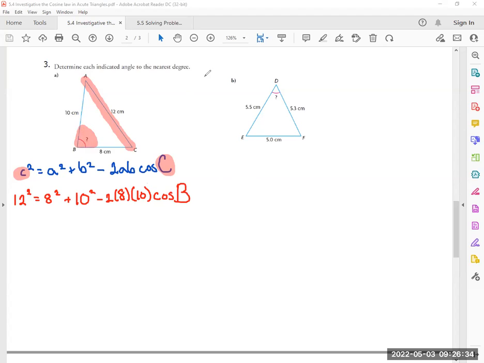Does everyone notice? My C, again, I'm being flexible. I'm writing it in my head as B because that's the angle side pair that I am interested in. Now let's calculate all of these individual operations so that we can make better sense of it. Please note, from here, put a little star next to your note and write down algebra, in order of operation.